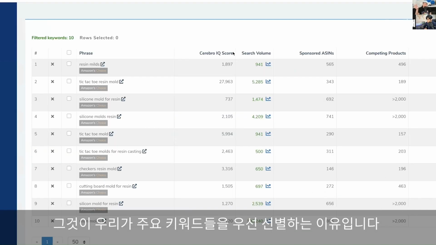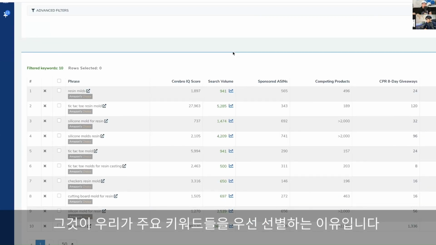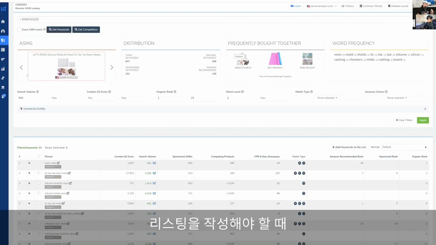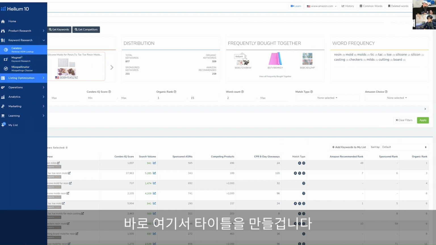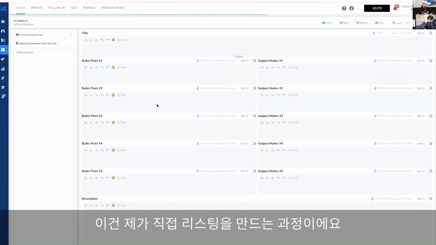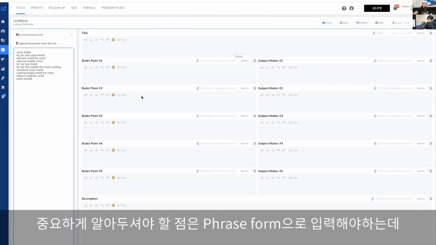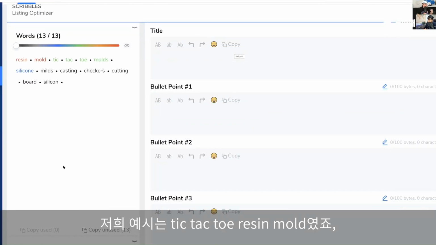So this is why we choose the most important keywords first. When it's time to make your listing, we have the Scribbles tool, right? So I'm going to put those keywords right in here. Okay. And then this is where I'm going to create my listing. All right. So right here in the title, the important ones you want to put in what we call phrase form. That one was tic-tac-toe resin mold.